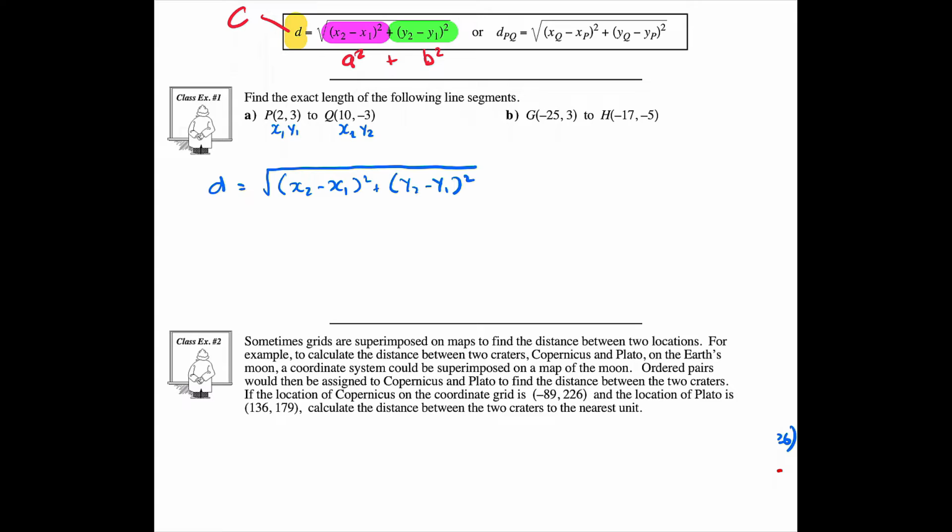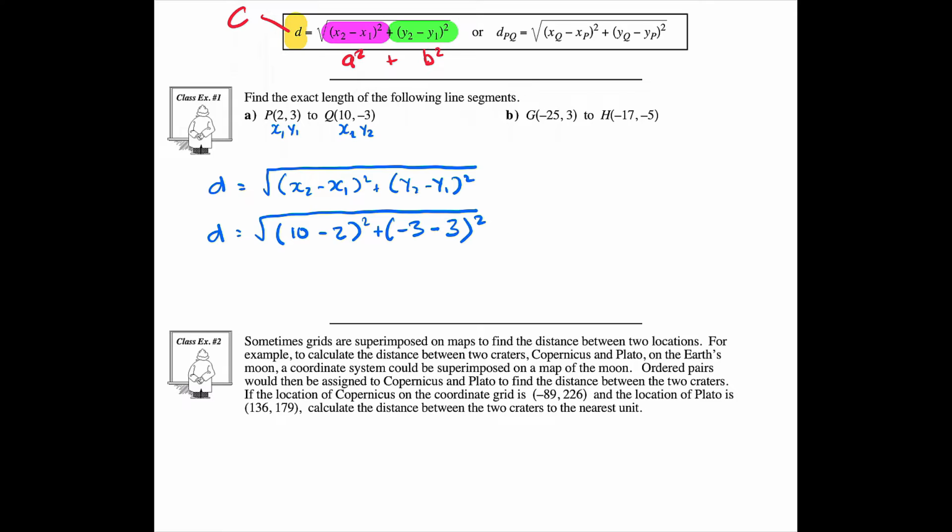So I have those 4 points, so the distance is going to be the square root of x2 is 10 minus x1, which is 2, squared, plus bracket y2, which is negative 3, minus y1, which is 3, and that's going to be squared.